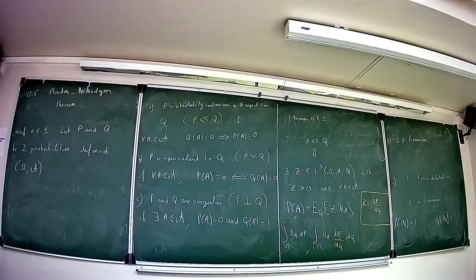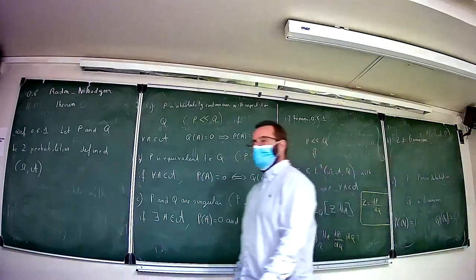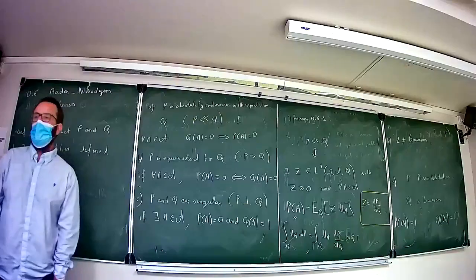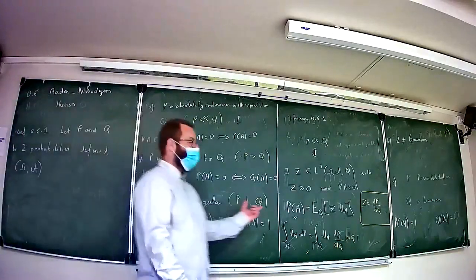So in other words, I repeat, what you have to keep in mind for this course is that if P is absolutely continuous with respect to Q, P has a density with respect to Q in the sense that we have this.